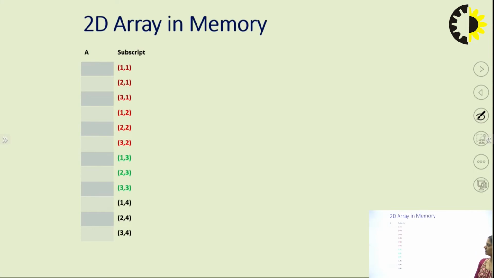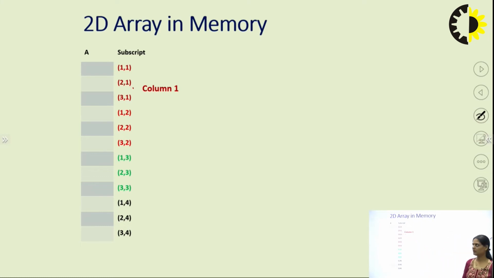Over here we can see a 1D array, and this is again a 2D array. Basically it is a contiguous block of memory that is being shown over here. Each memory location has 2 index numbers, one representing the row and another representing the column. Over here we can see 1, 1, 2, 1, 3, 1.